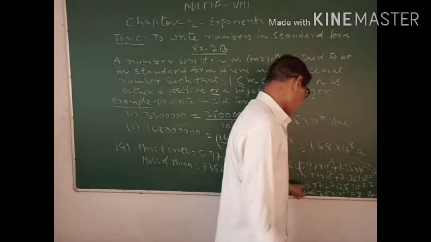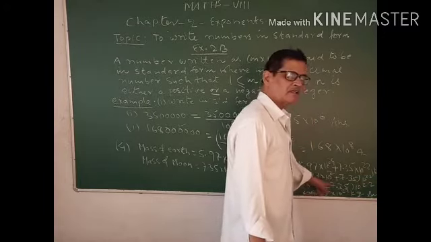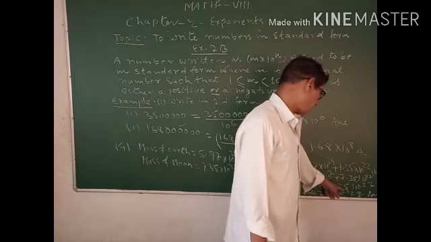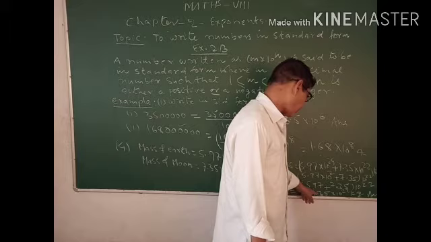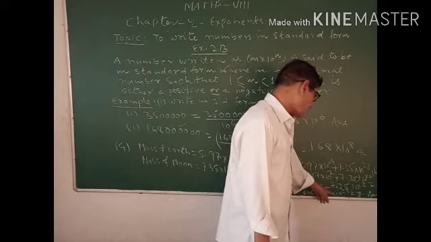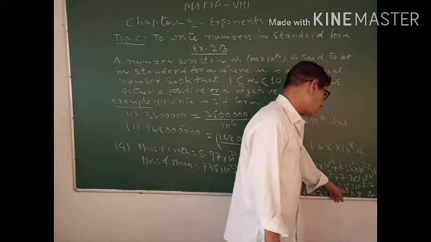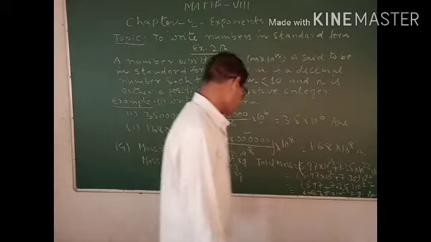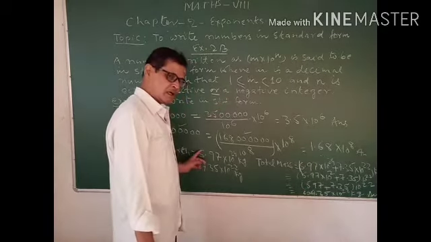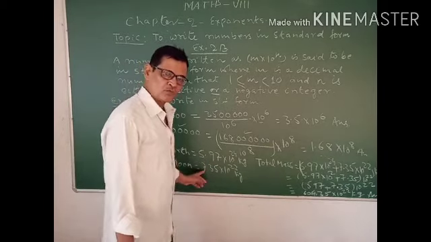Now add 597 and 7.35. This will give you 604.35 into 10 to the power 22 kg. So this is the sum of the mass of the earth and the moon.